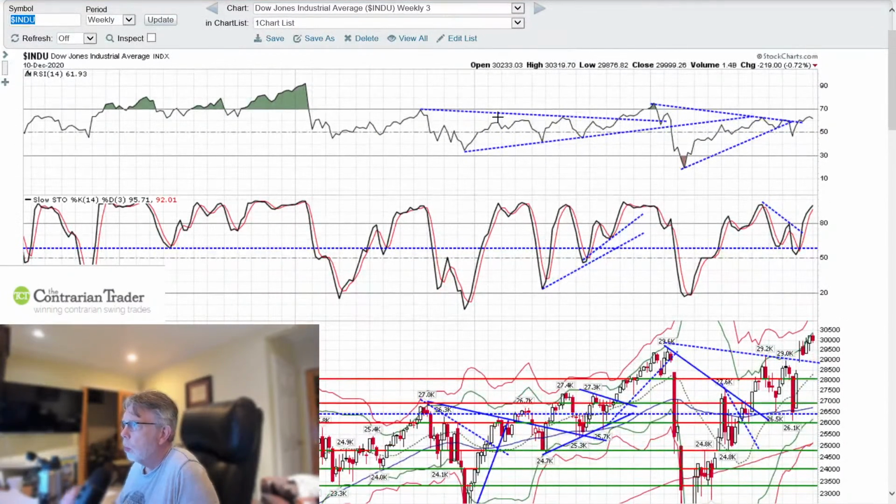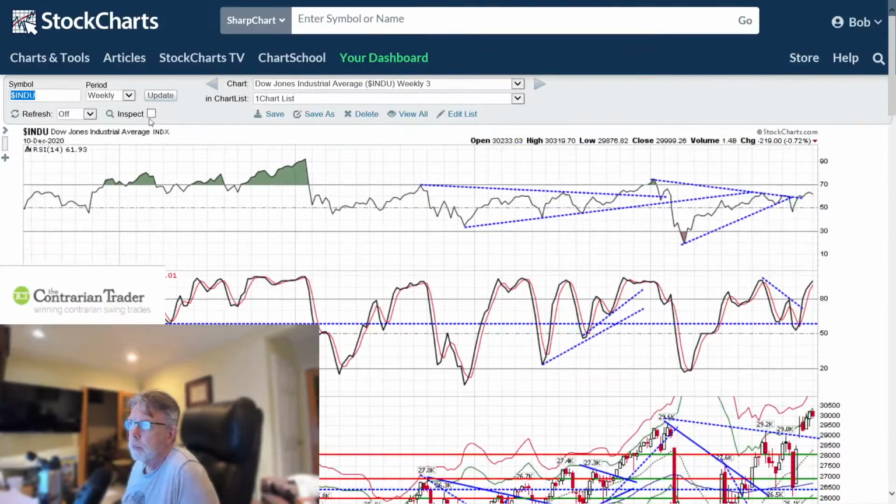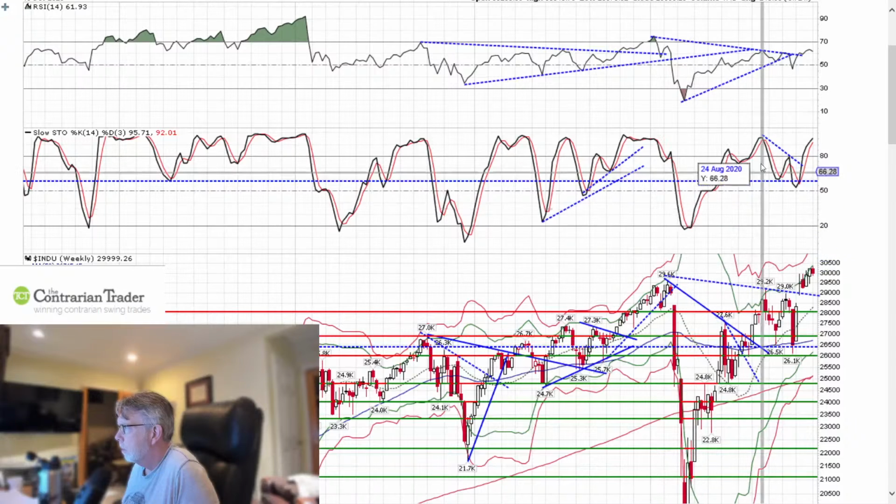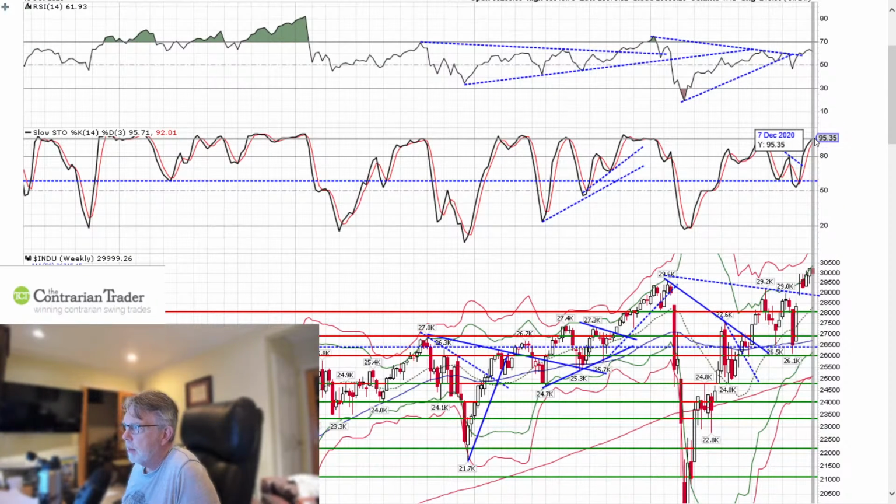The Dow Jones weekly time frame. Very extended here on stocks. You can see where these stocks are at relative to prior peaks. We're right there.